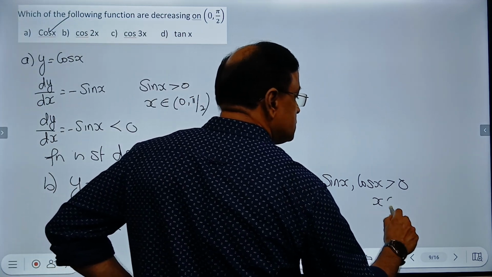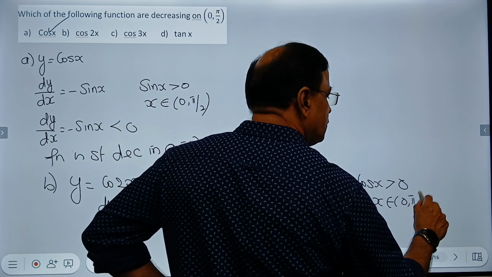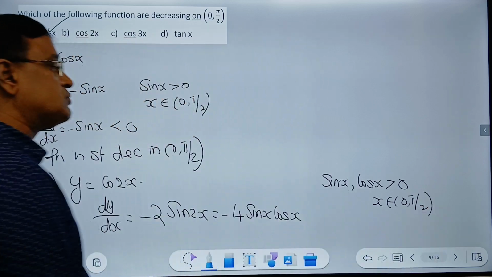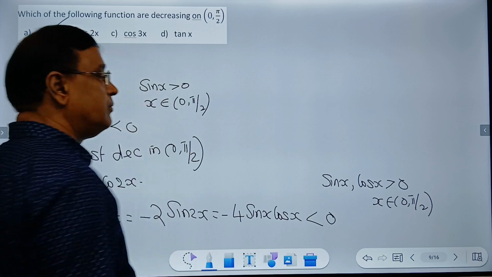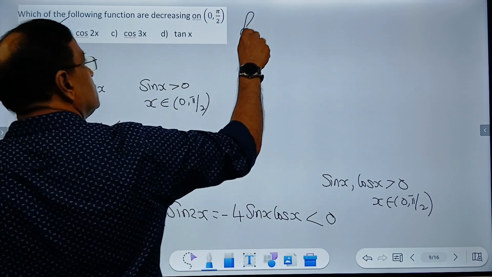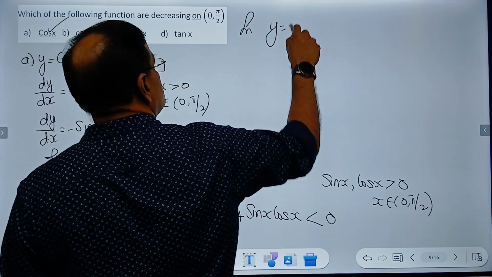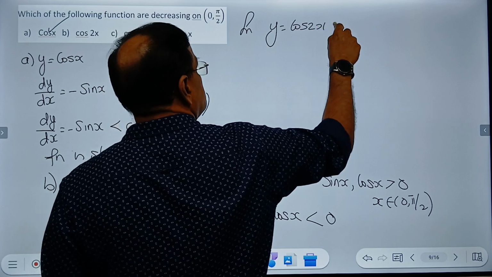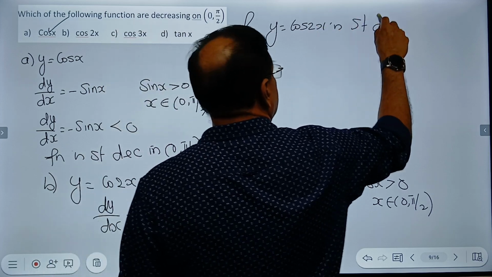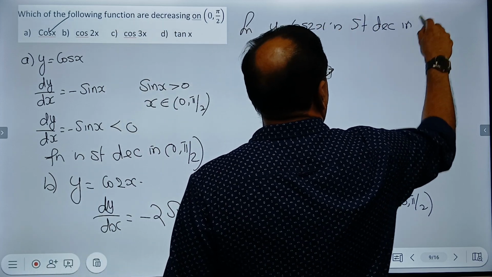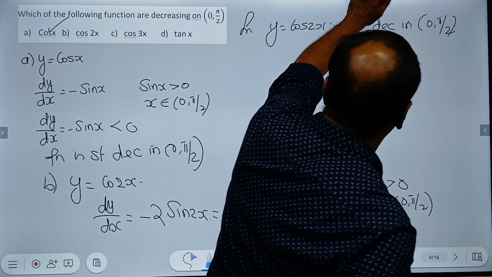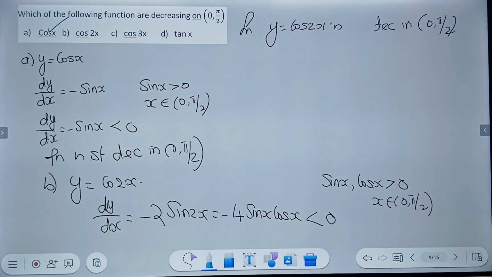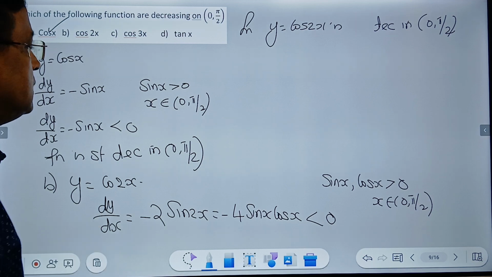So obviously this is negative. So this implies the function y equal to cos 2x is strictly decreasing in 0 comma pi by 2.